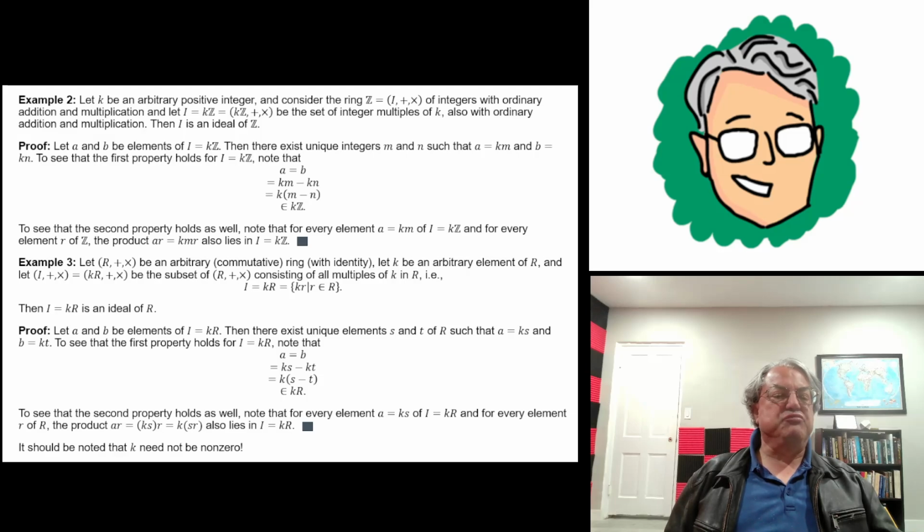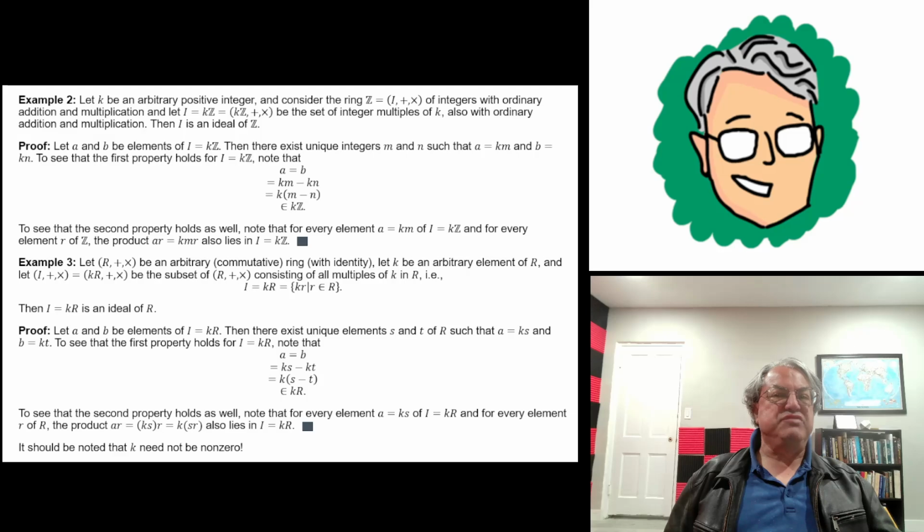And it's basically the same. The proof is the same proof. We really don't have to change anything here. So now I'm going to let S and T be arbitrary elements of capital R. And now, if A and B are arbitrary elements of the set KR, that means that A is equal to KS and B is equal to KT for some elements S and T of our ring R. And then we do the same thing.